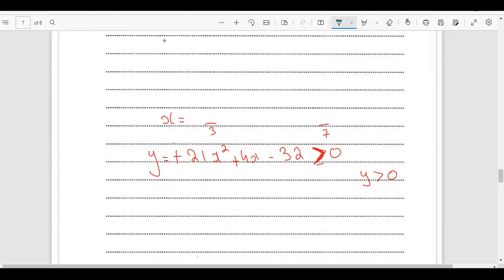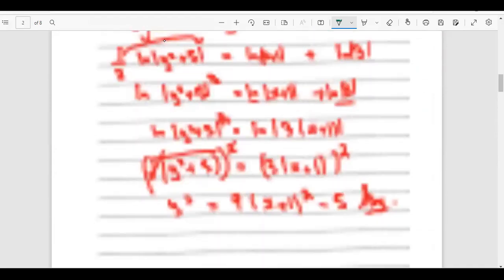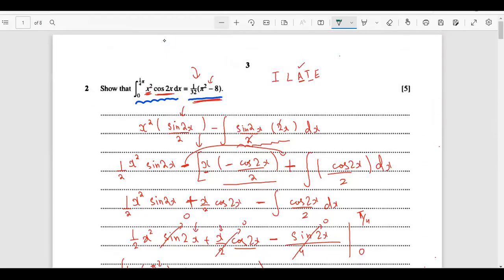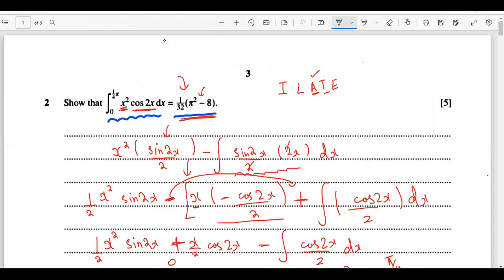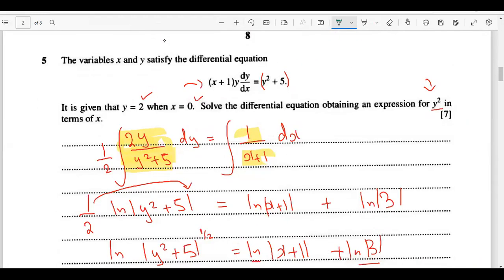And if you were not able to understand any question throughout this class, you can just stop me and ask me. Okay. So this was the first one. You were able to identify it. Very good. You knew that we would be doing it by parts, and then we just plugged in the values and we were getting the same thing. Then this is the second one. Whenever you see the term differential equation, the question would be about obtaining an expression.